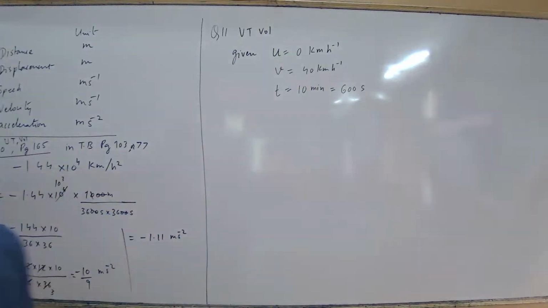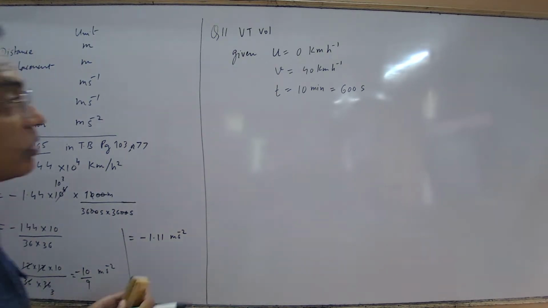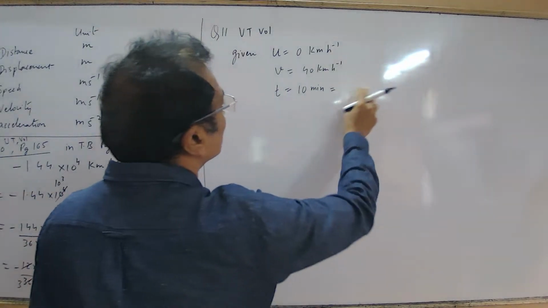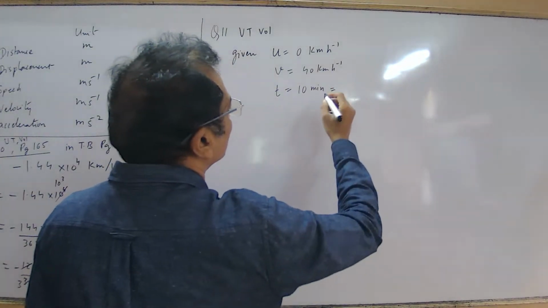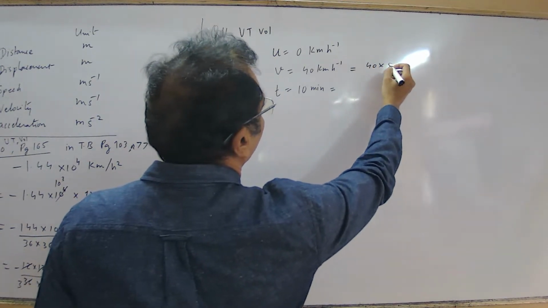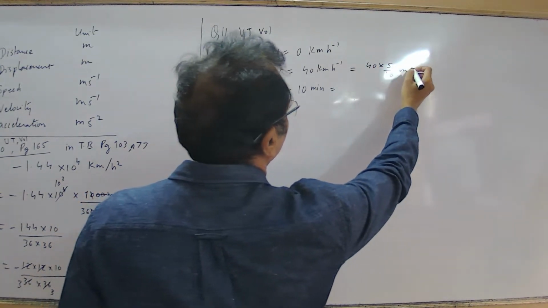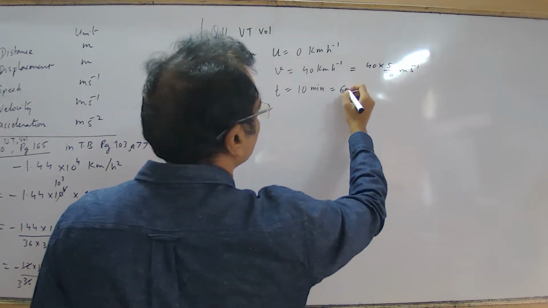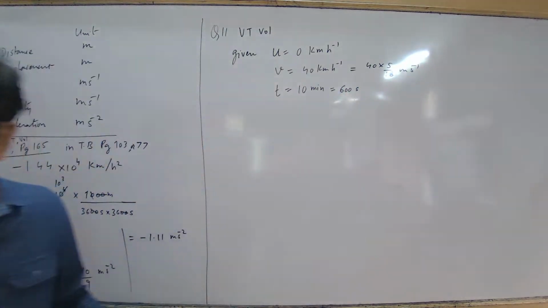Okay? So it is 600 seconds. Since the speed is in kilometer per hour, why do you have to convert? Then in hours you have to convert, not in seconds. So I can write this as 40 into 5 by 18 per second, and then 600 seconds.